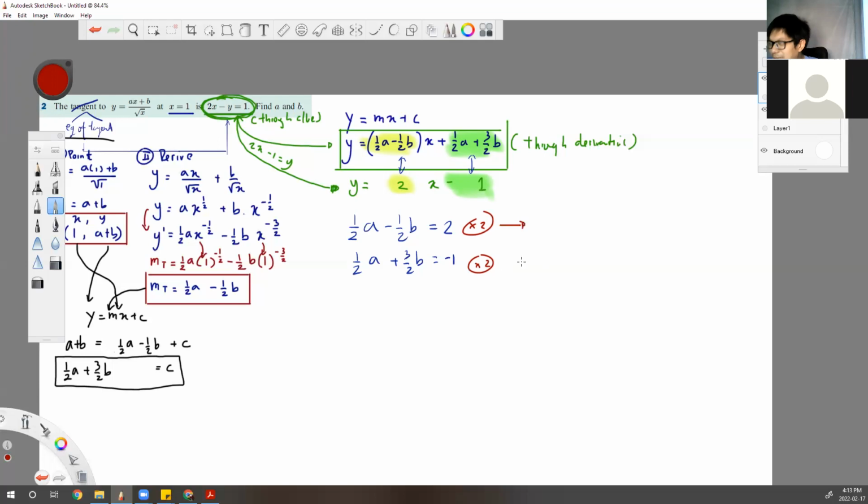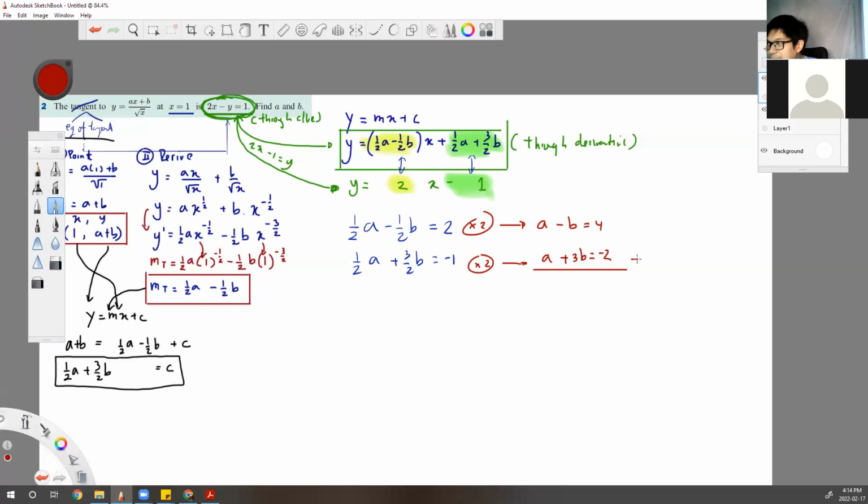So make it more simple. Don't subtract this. Anyway, you can do it, but I don't think it will be effective. It's efficient, but not effective. So a minus b equals 4, right? And then a plus 3b equals -2, and you do the subtraction.